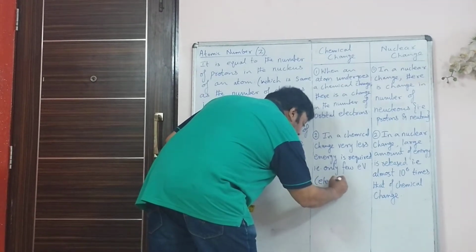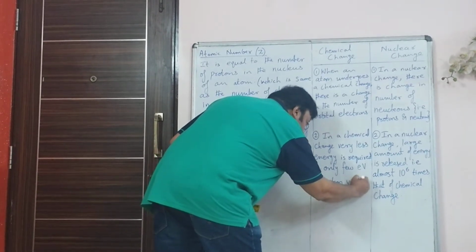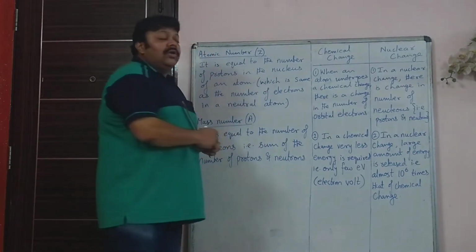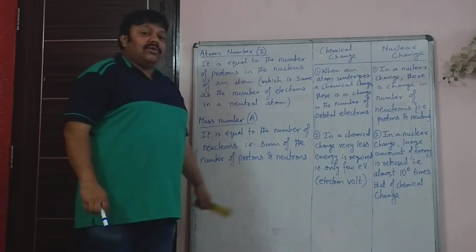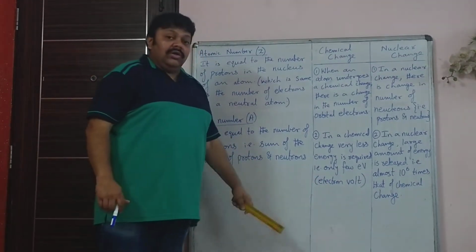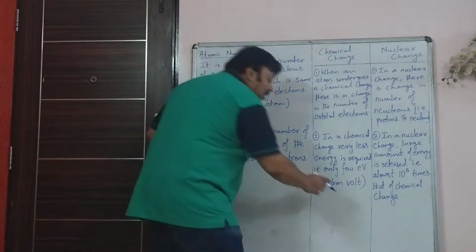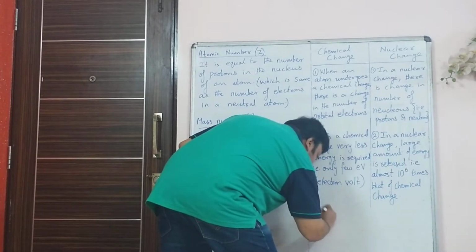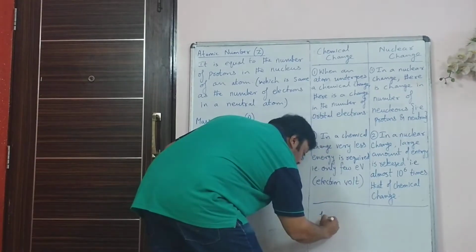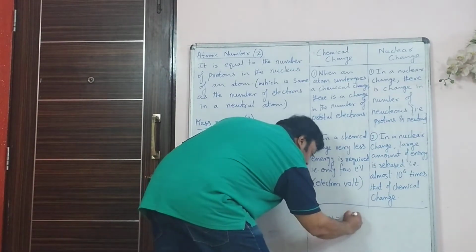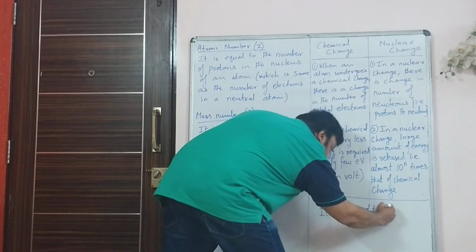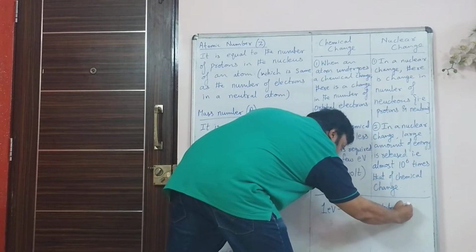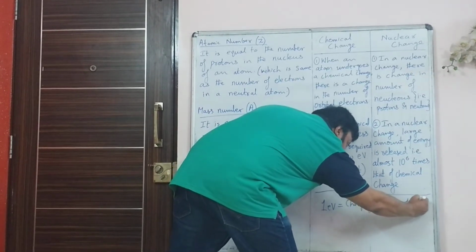1 electron volt is charge of 1 electron into 1 volt. So you can say that 1 eV is charge of 1 electron into 1 volt.